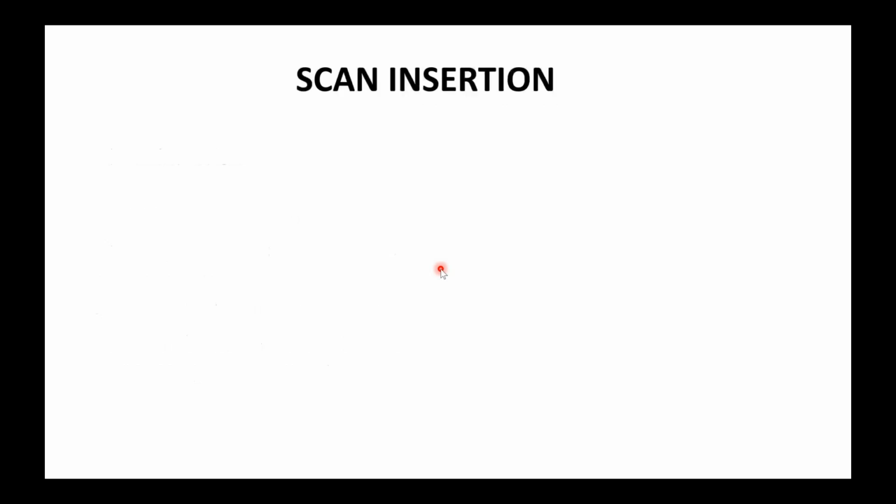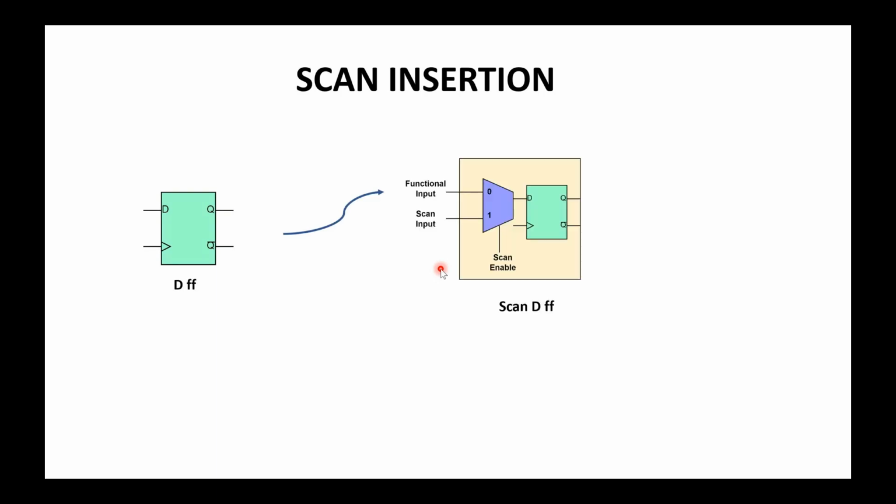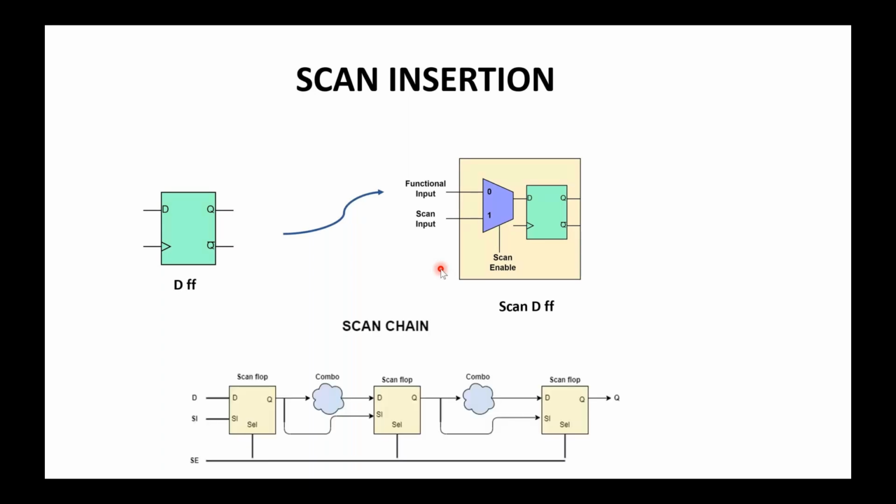So scan insertion. Scan insertion is a process where all the normal flops in the design are converted into scan flops, or replaced with their scan equivalents, and we are forming a shift register path, or a Q to SI path, also called a scan chain.